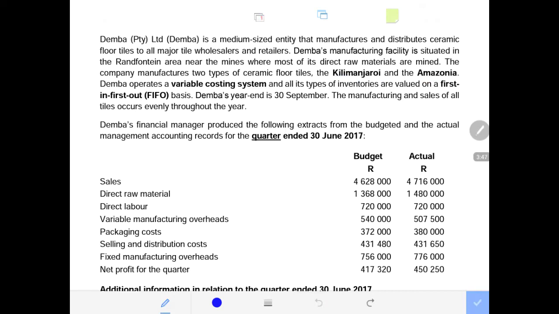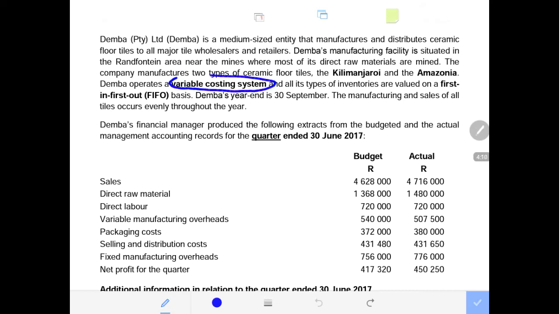Demba operates on a variable costing system. That means they are only adding variable production cost to calculate the cost of production. Therefore fixed cost becomes period costs. It is very important to note what system the company is using.